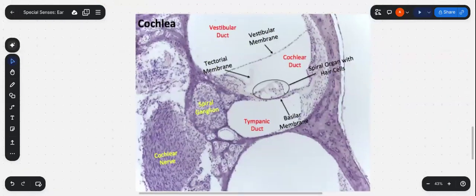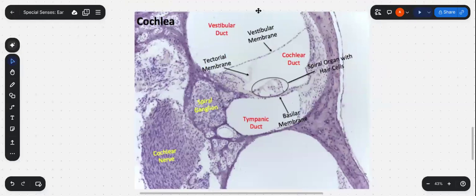All right, now over here you can see a picture of the ear histology, or the ear tissue. Up here you have your vestibular duct, then your vestibular membrane, this very thin line. You have your cochlear duct. This over here is your spiral organ or the organ of Corti, whichever one you want to call it. You will have hair cells over here.